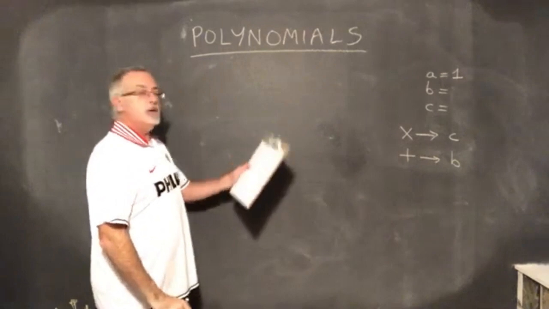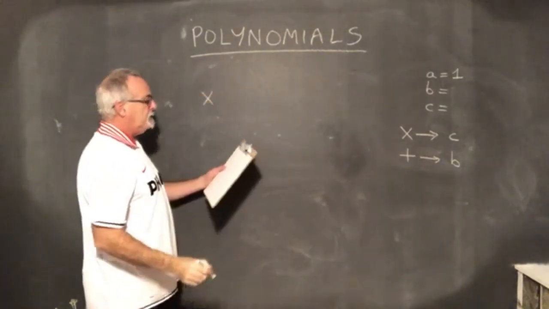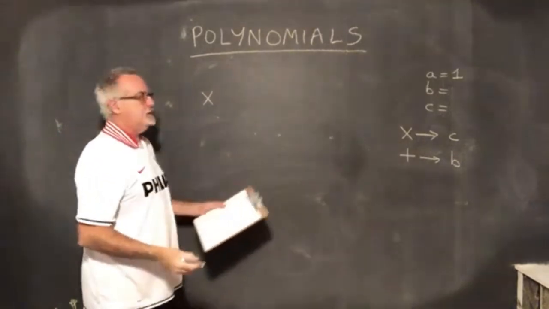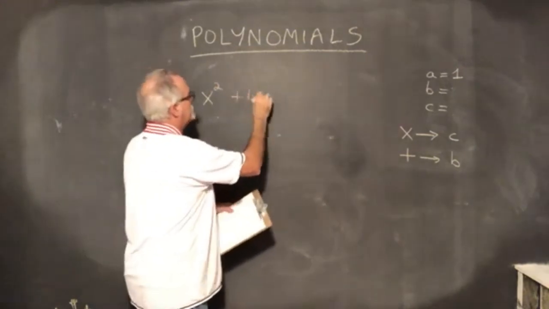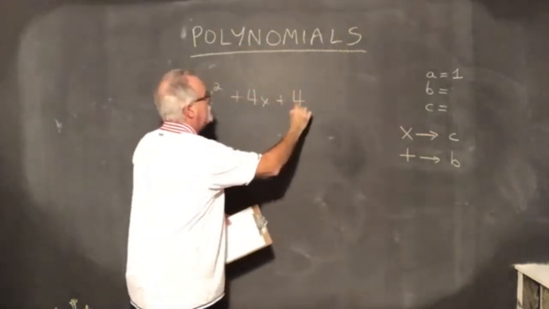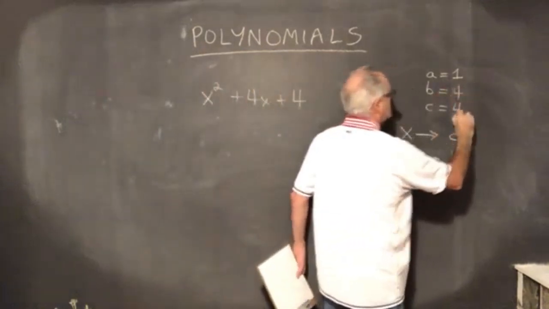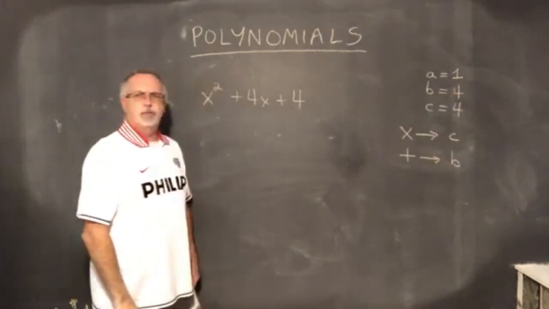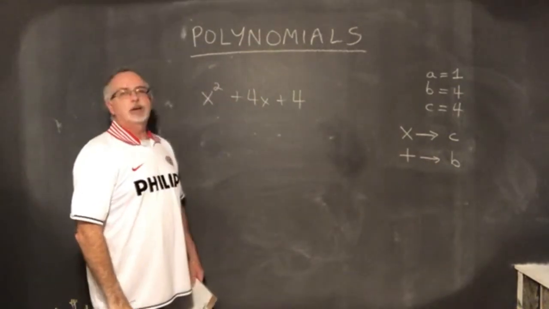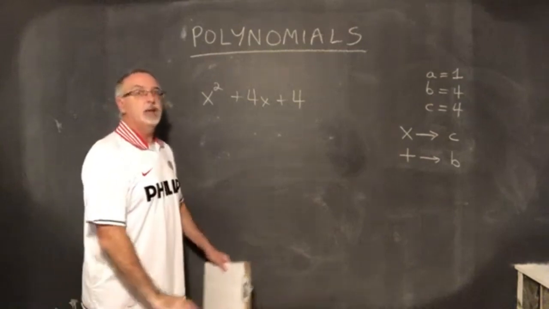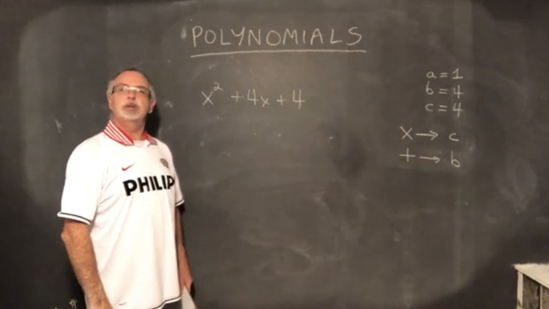Next one I have. Here's a cute one. I always found this one a little bit fun because it's kind of confusing looking, but it's not a problem because the process works. X squared plus 4x plus 4. Huh, they're both 4s. The B and the C are both 4s. What two numbers multiply to give 4 and add to give 4? Oh, yeah, we knew that because every student at some point realized, hey, 2 plus 2 is 4, but 2 times 2 is also 4.